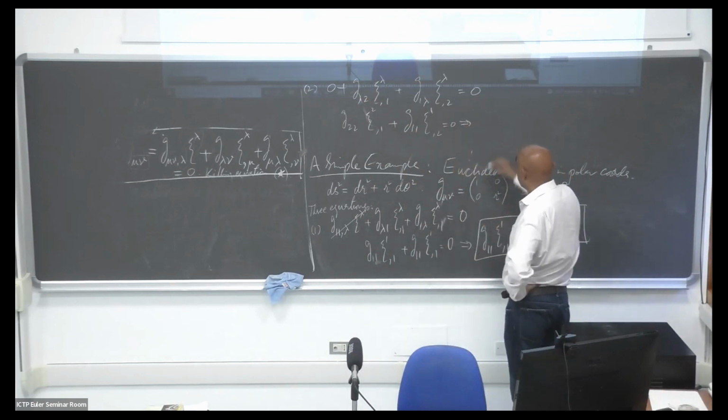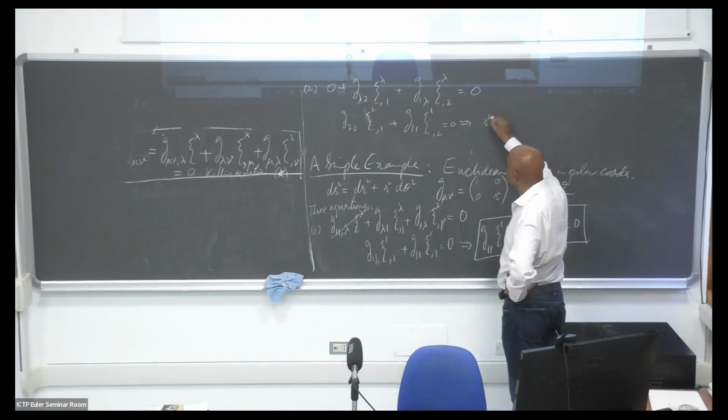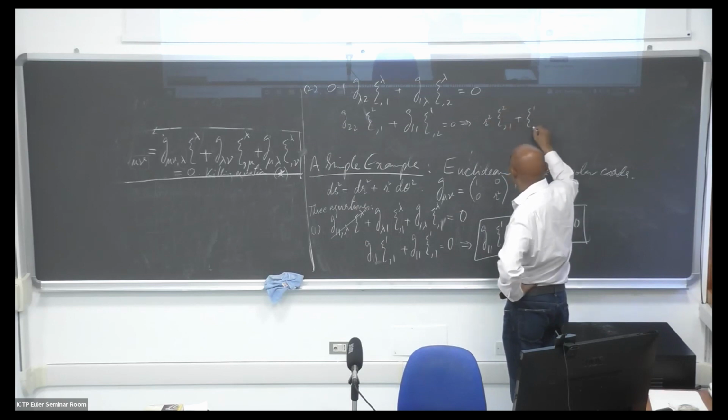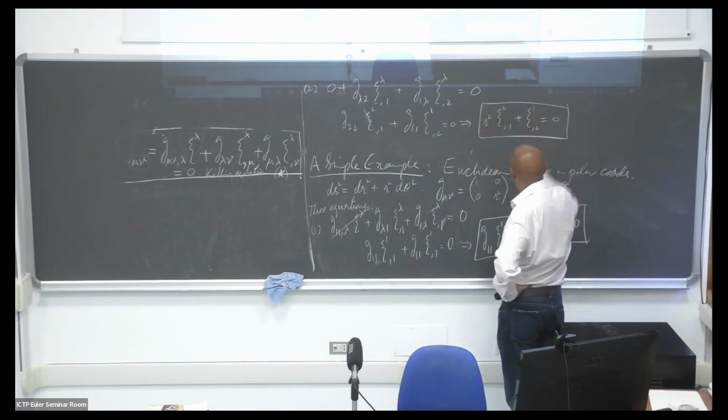And G22 is r square, and G11 is 1. So r square xi 2 comma 1 plus xi 1 comma 2 equal to 0. This is our second equation.